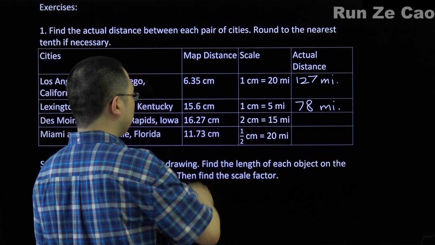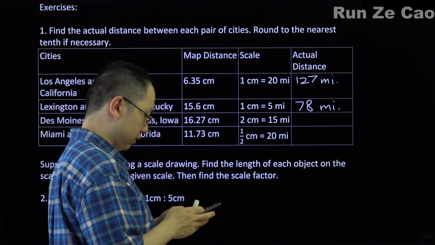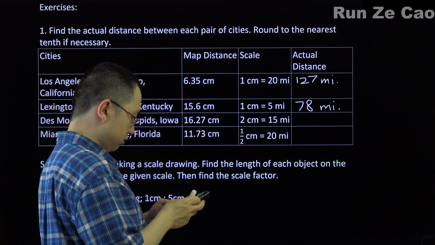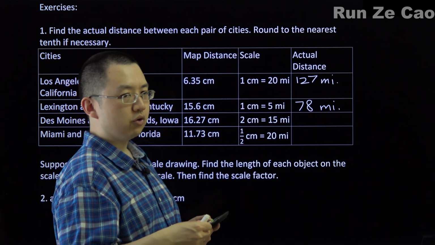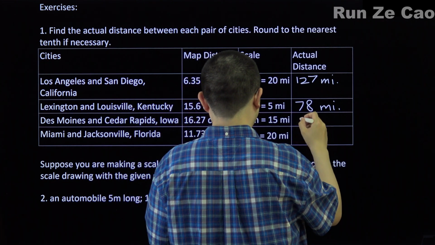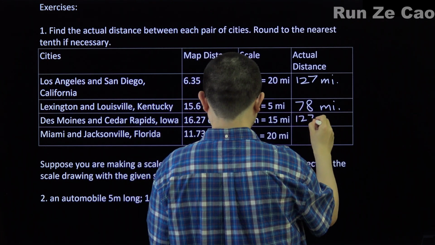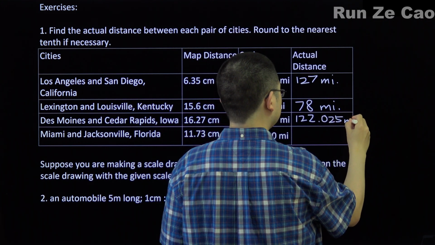And you have 16.27 centimeters. Well, how many 2 centimeter sections do you have? 16.27 divided by 2 times 15. Or you could just multiply by 15 over 2, which is 7.5. So this is 122.025 miles.